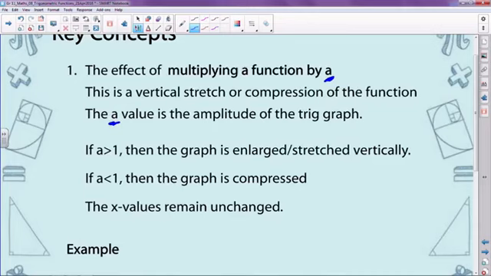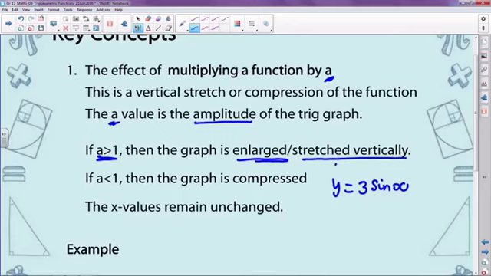So for instance, I've got y equals 3 sine x. That is your value of the amplitude as we've been revising. Now if your a is greater than 1, then the graph is enlarged or stretched vertically.